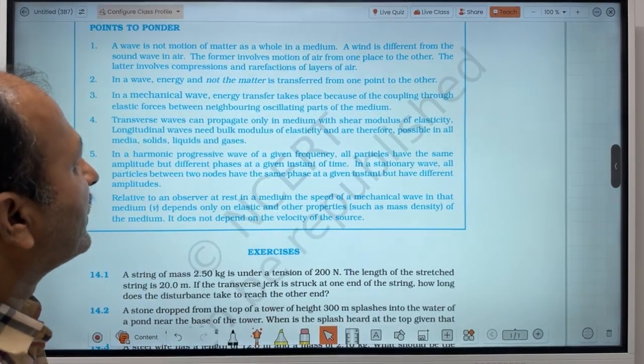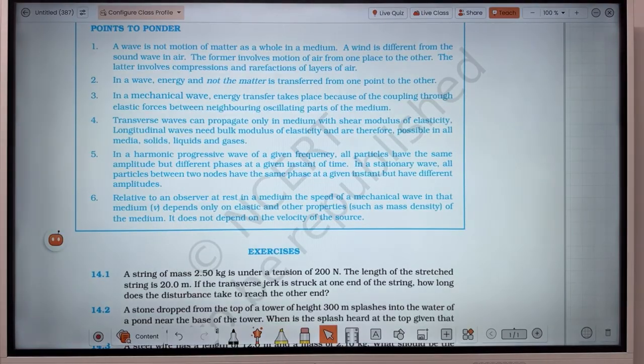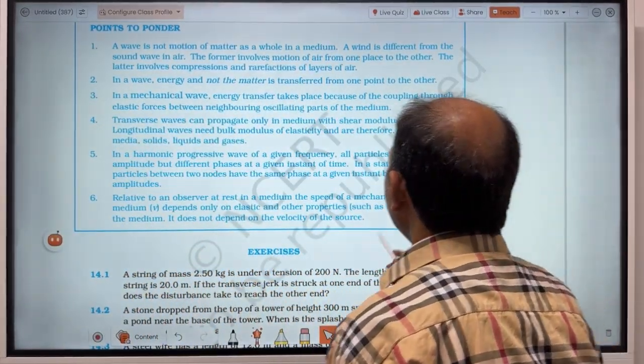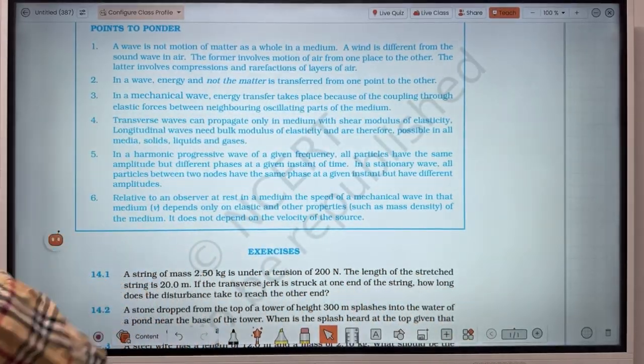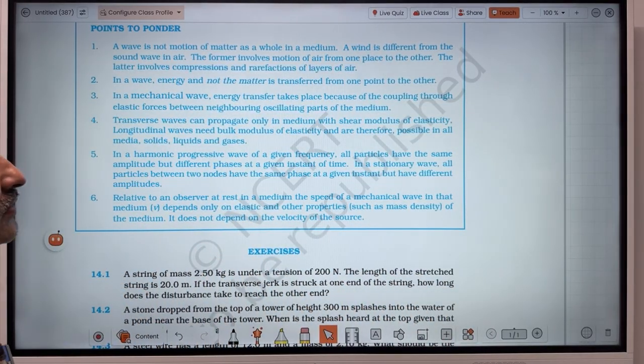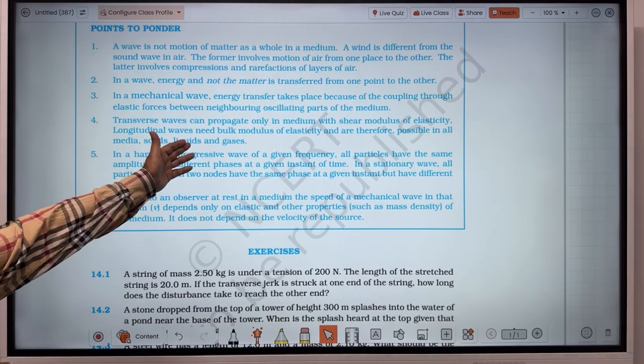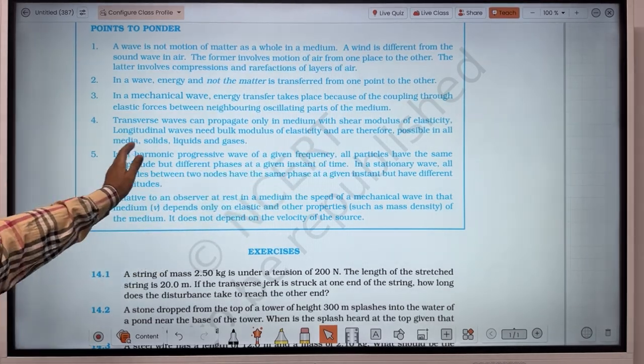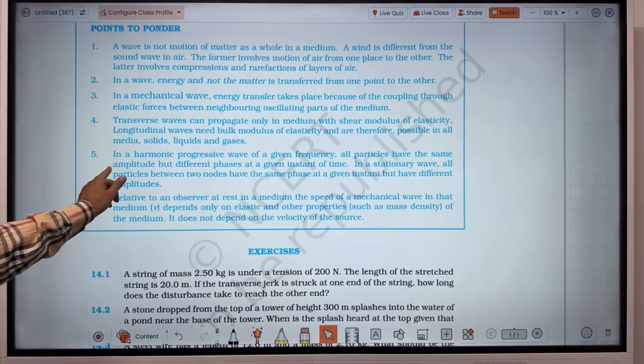You remember shear modulus when a deforming force is applied? So we write deforming force divided by theta, the deformation produced, meaning the angle it shifted, right? Longitudinal waves need bulk modulus of elasticity and are therefore possible in all media: solid, liquid and gases.